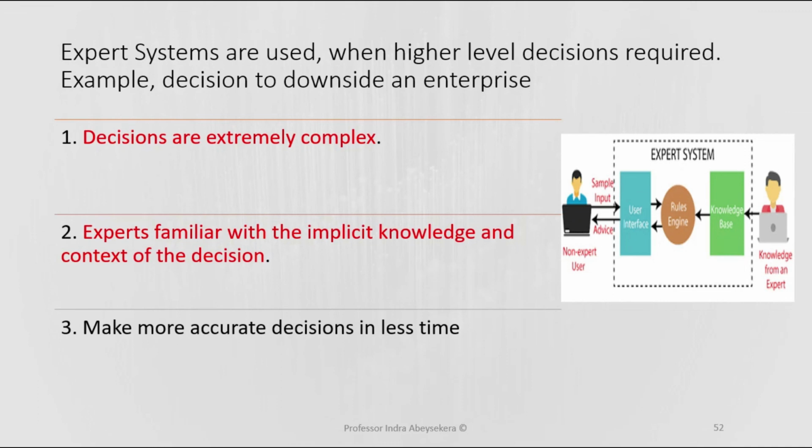Expert systems are used when higher level decisions are required. An example of these are decisions to downsize an enterprise. These decisions are extremely complex, and the experts are familiar with the implicit knowledge of this kind of complex decision making and the context in which these decisions are made.